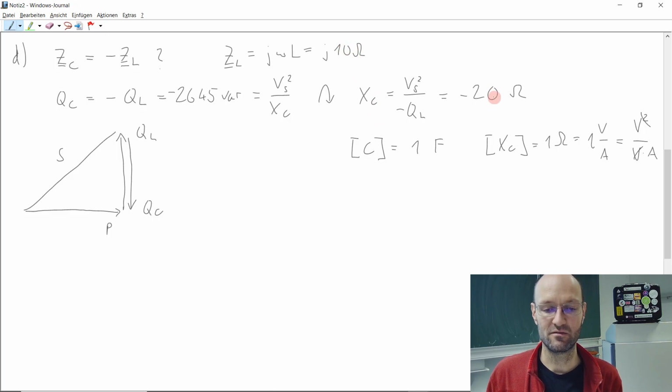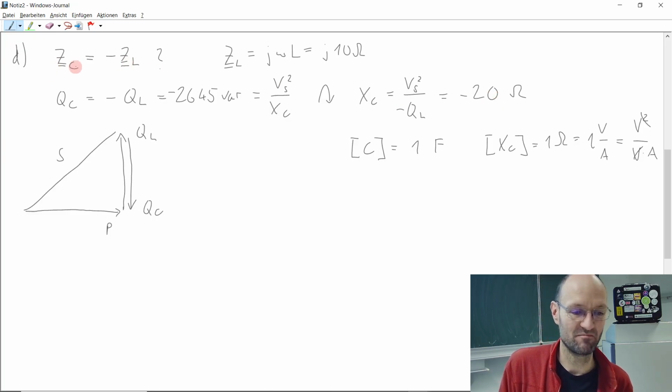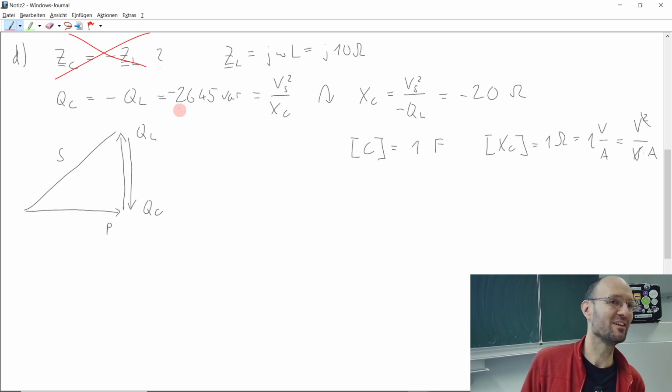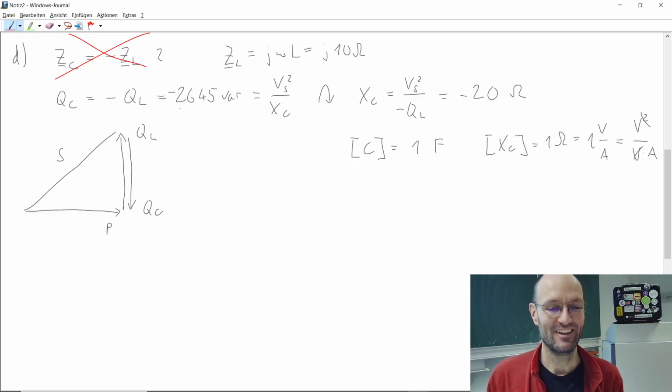But now we get minus 20 ohm. So this is, unfortunately, I will take red, this is unfortunately not true. It doesn't work like this. We don't compensate impedances, we compensate reactive powers.